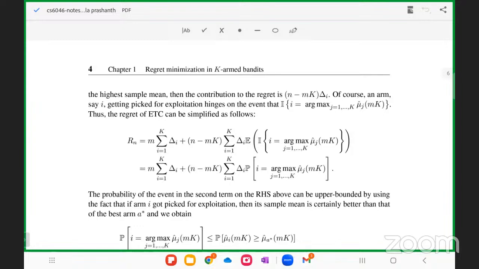Okay. So what is the question now? How did they change the expression from expectation to the probability? The expectation is of an indicator function, right? Indicator function is one or zero, right? The values are one or zero.